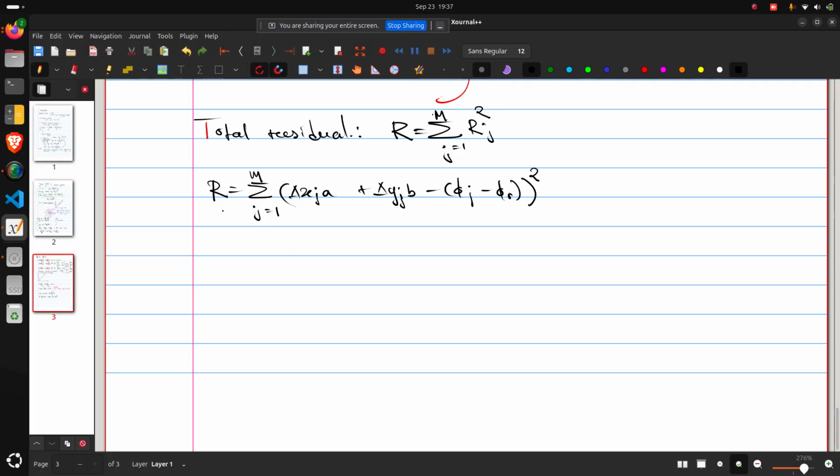So this is our residual that we have created, and what will be one of the parameters that we generally search for at the minimum value? So how do we find the minimum of a certain function?